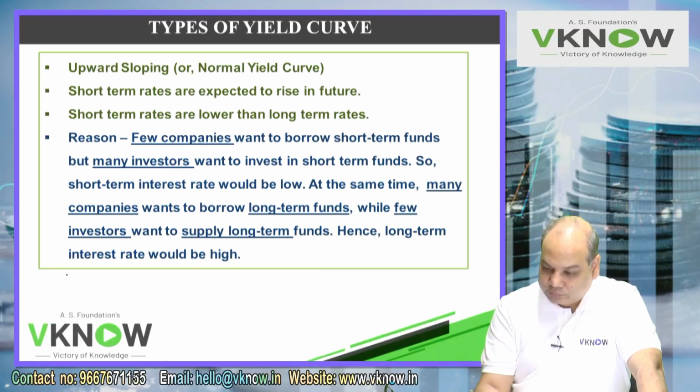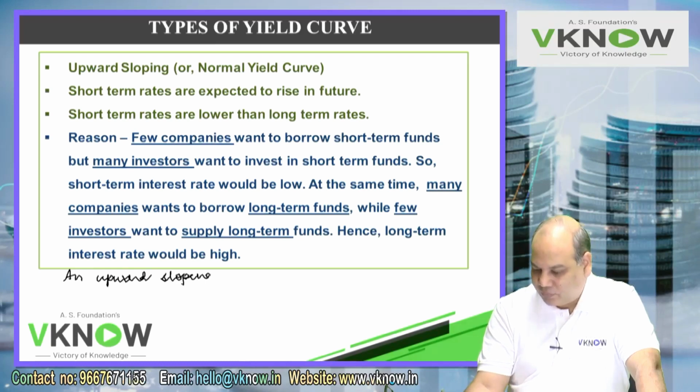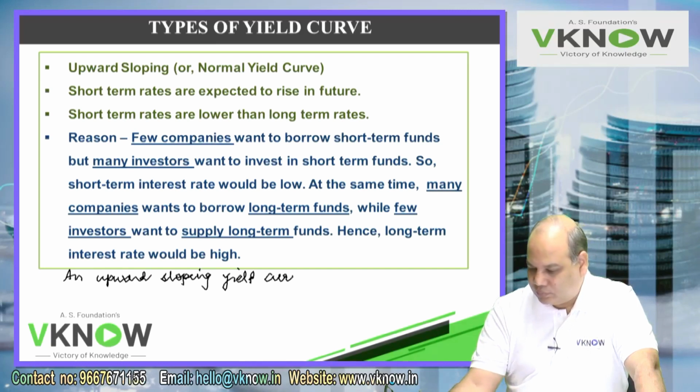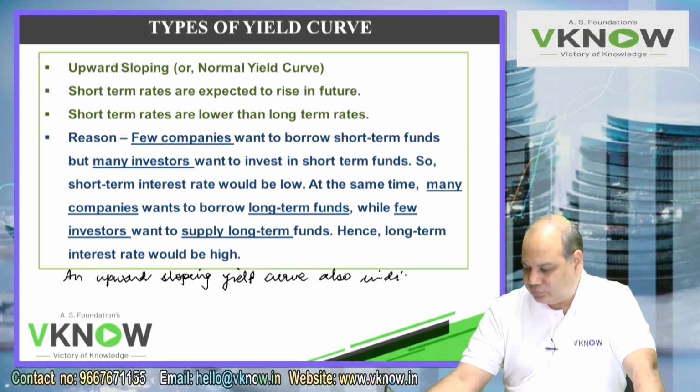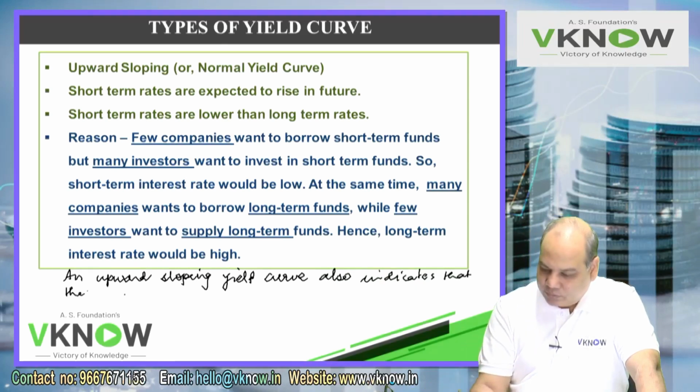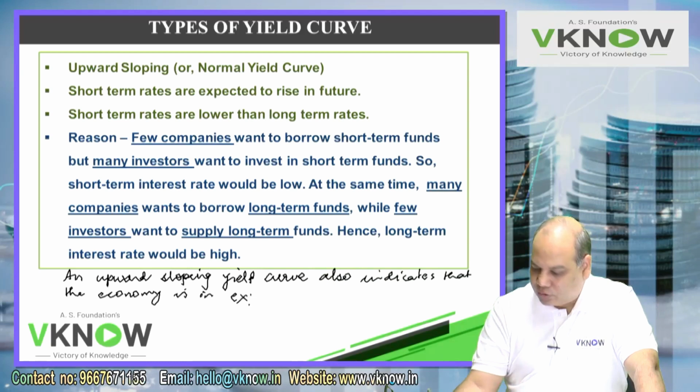Then write down: an upward sloping yield curve also indicates that the economy is in expansion mode.